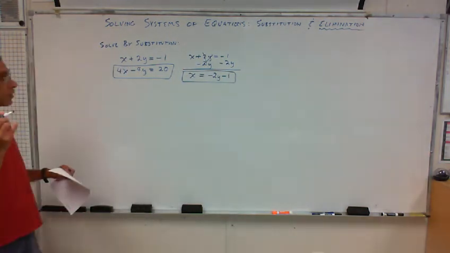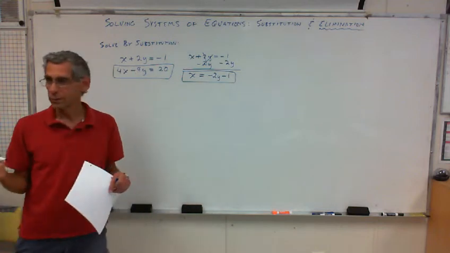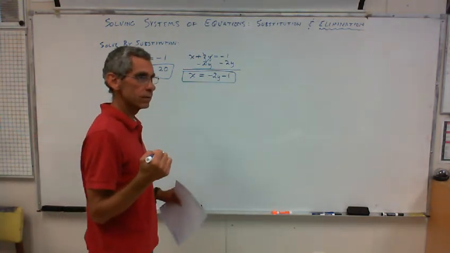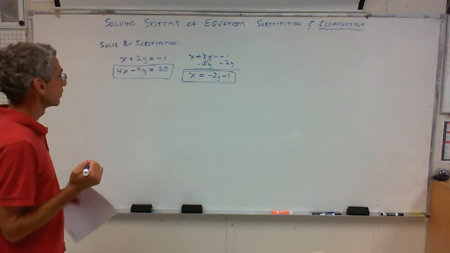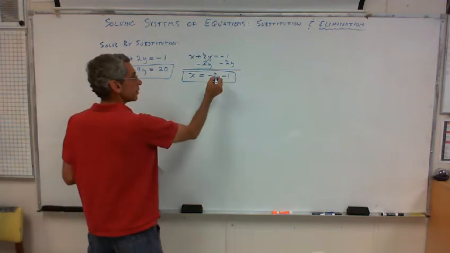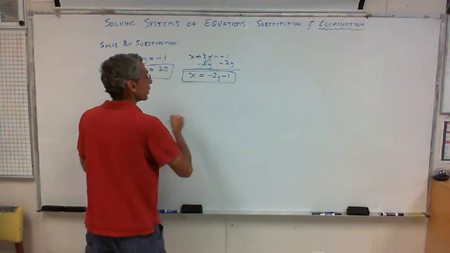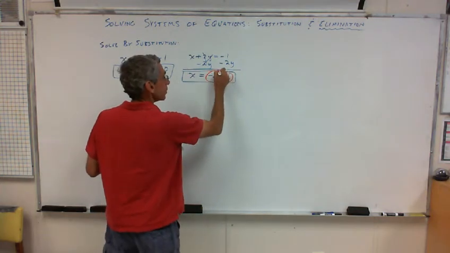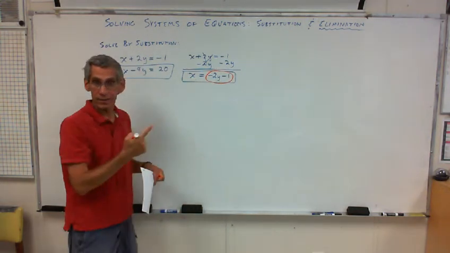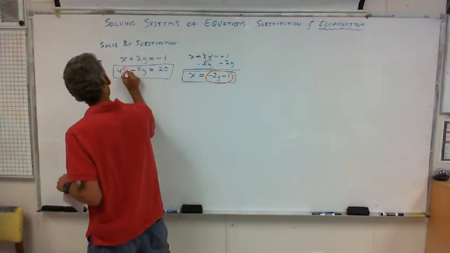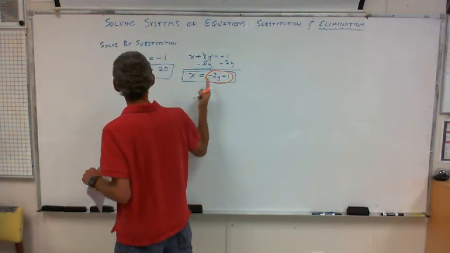Yes. And then now substitution. So what do I do now? Yes, Karen. You replace any x's in the other equation with that equation. All right, so I'm going to use a different colored marker, and I'm going to circle that. That is exactly the same thing as x. So over here, wherever I see an x, I'm going to replace it with that.